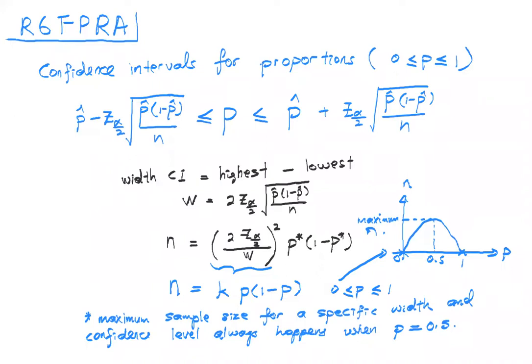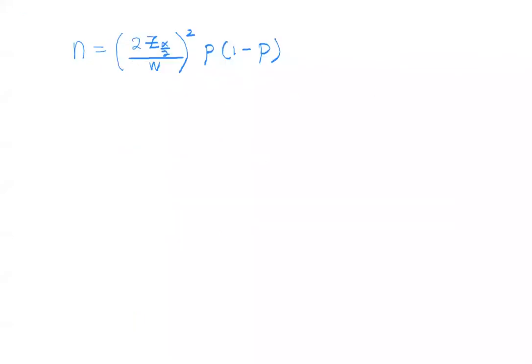Now if you look at example 14, in this case you want to find the sample size. The only P that you have is the population proportion.